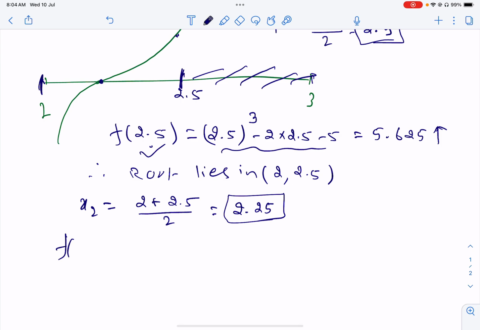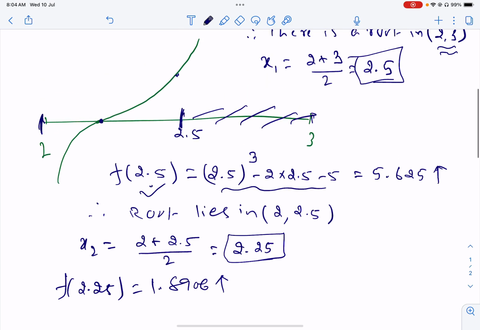Now we find f of 2.25. You use the calculator, and you will see that it is 1.8906. So that is also positive. So this part has gone.